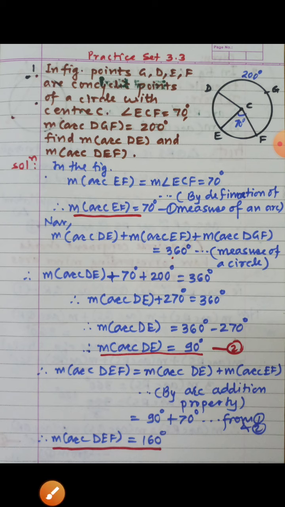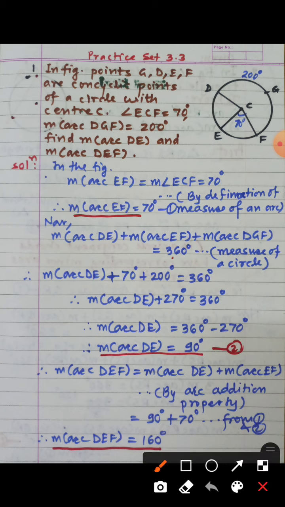Now, measurement of arc D plus measurement of arc EF plus measurement of arc DGF, the sum of these three arcs is equal to 360 degree.